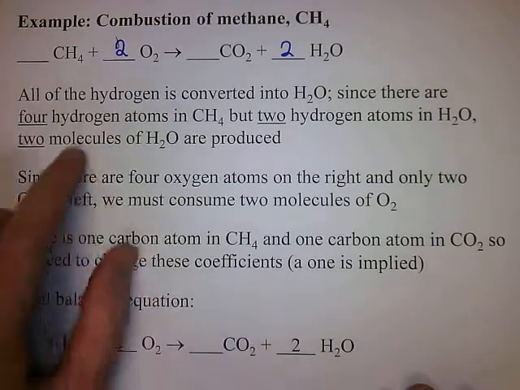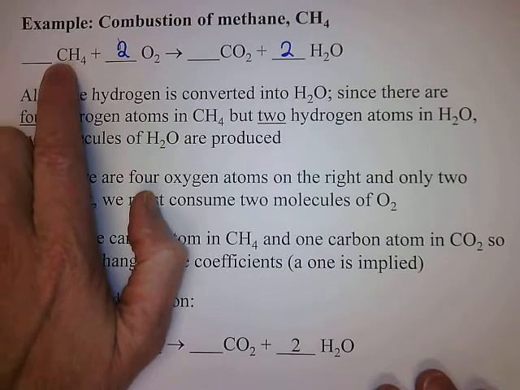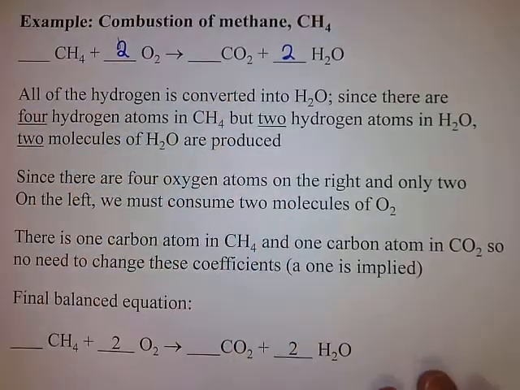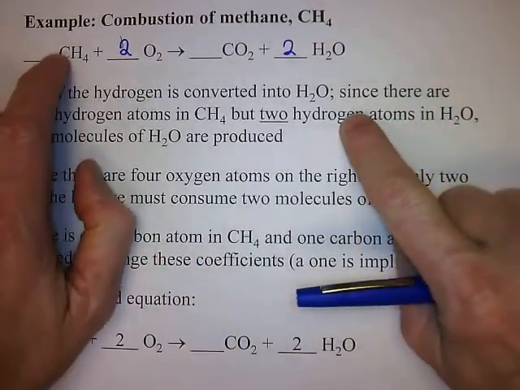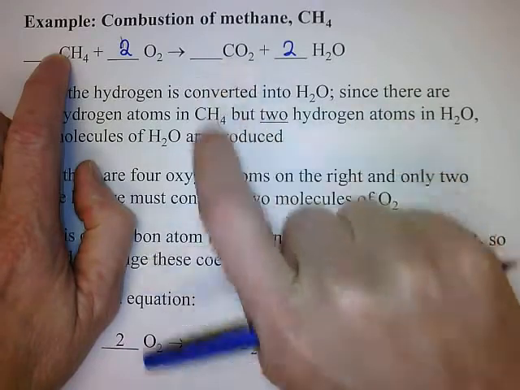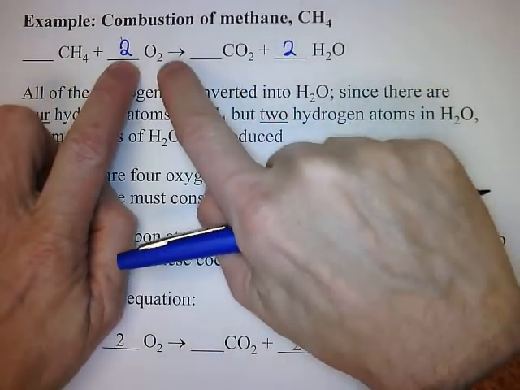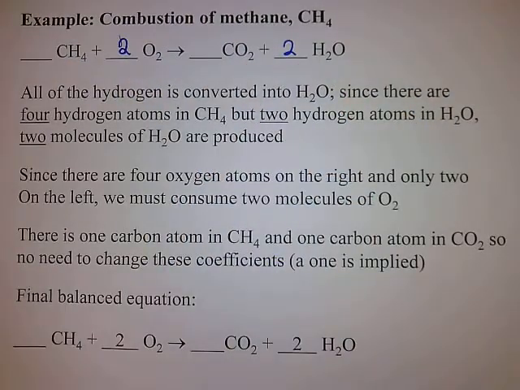And we don't have to worry about the carbon because there's one carbon in CH4 and one carbon in CO2. So basically our equation is balanced. One carbon, four hydrogens to four hydrogens, and four oxygens to four oxygens.